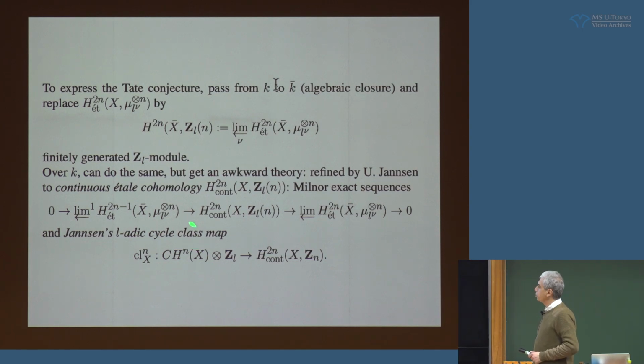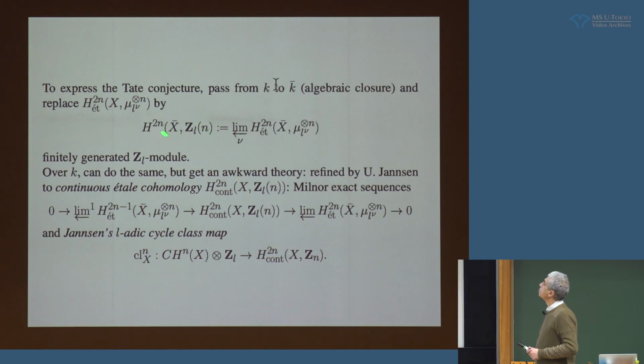To make sense of the Tate conjecture, you cannot work with finite coefficients, and you take stronger coefficients. So you take the projective limit of these groups, and then you get a cycle class with values in this group, and then there's a Galois action, and the Tate conjecture says that tensor Q should be surjective on the Galois invariants.